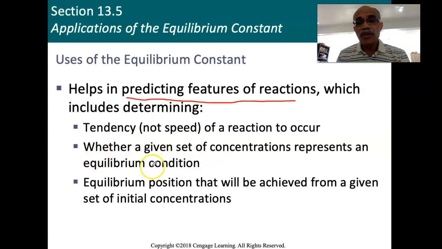You can determine whether a given set of concentrations represents the condition of equilibrium, and also the equilibrium position that will be achieved from a given set of initial conditions. We'll be using this as we consider some of the examples in the coming slides.